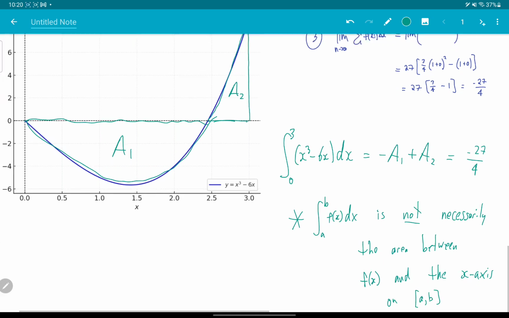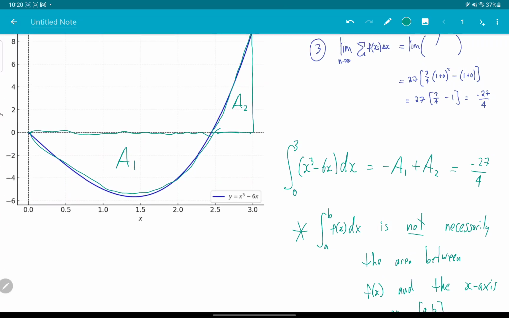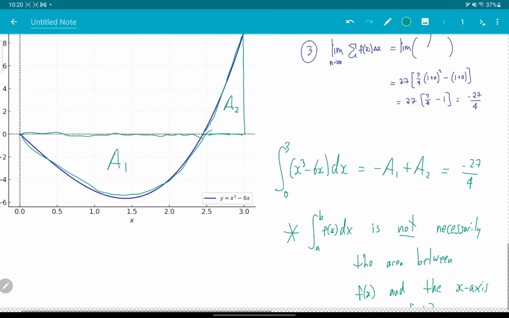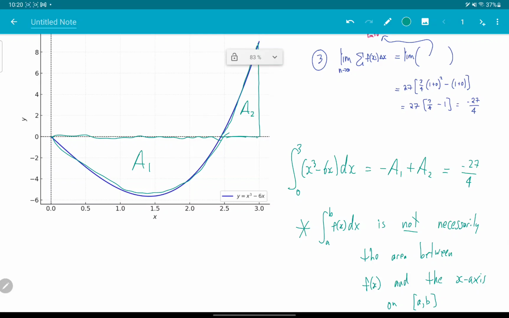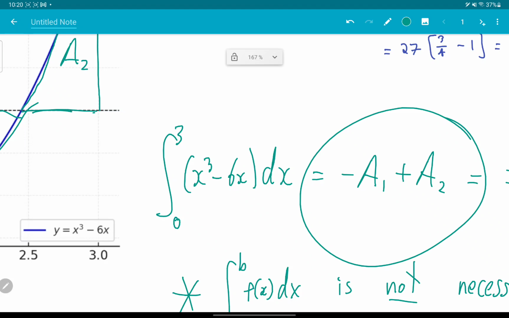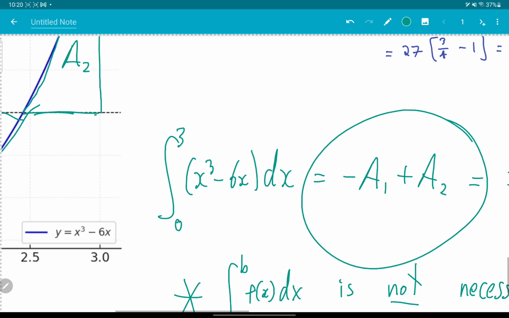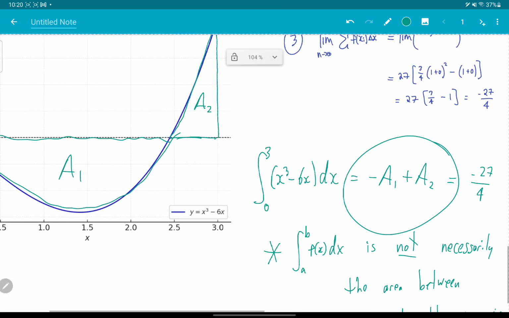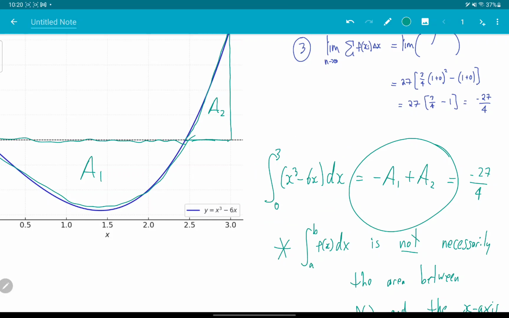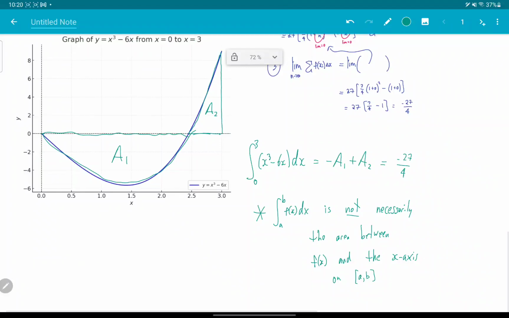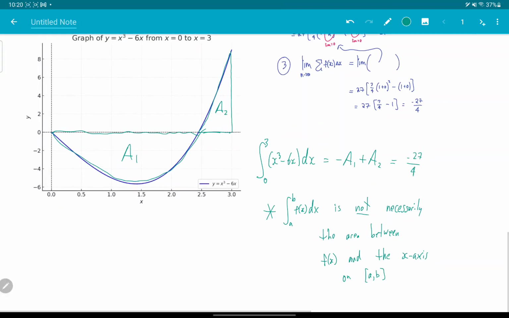Okay, we can see from this example the area between f of x and the x-axis, that would be a1 plus a2. But the integral is something a little bit different. It's what's called a signed area, or maybe you want to say a net area. So it's not the same thing as area between f of x and the x-axis.